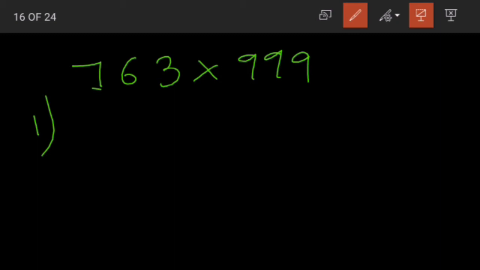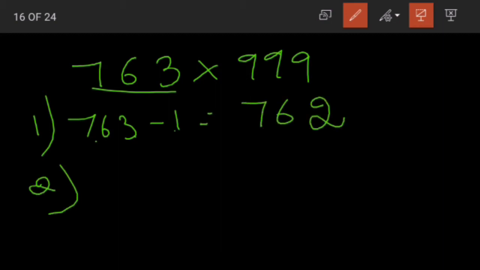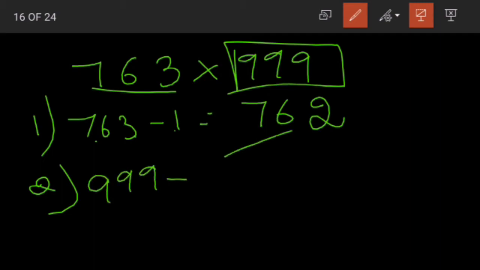Now let us take another example, say 763 into 999. What will be our first step? From the given number subtract 1. 763 minus 1 is equal to 762. The second step will be from 999 subtract the answer of the first step.